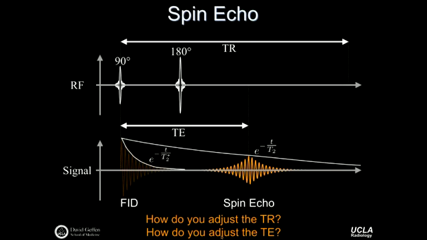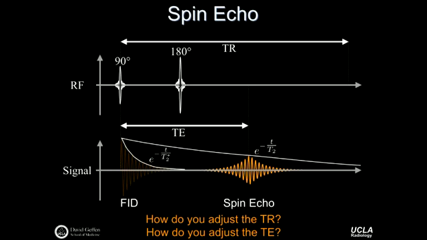Let's think this one through. How do you adjust the TE? What if I don't want my echo to form here? What if I want my echo to form at a later time? What do I have to change about my sequence? Louder. What do I do with my 180? Yep, I have to adjust it. So if I want my echo to be later, what do I do with my 180? Make it later, right?